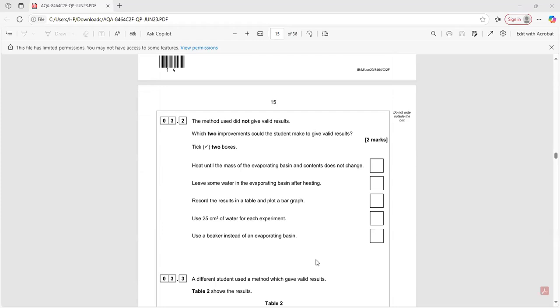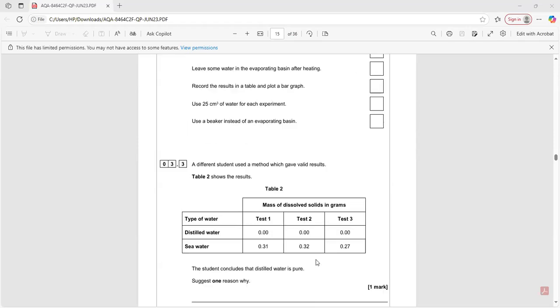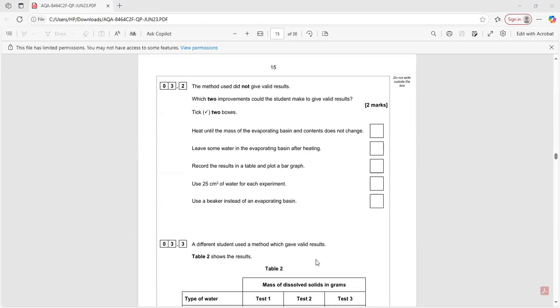Okay. It says the method did not give valid results. It now says, which two improvements could the student make to give valid results? Okay, so let me see. Let's look at the options. Heat until the mass of the evaporating basin and contents does not change.